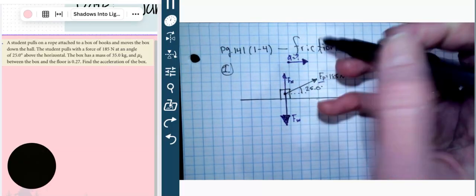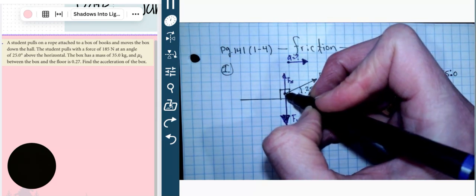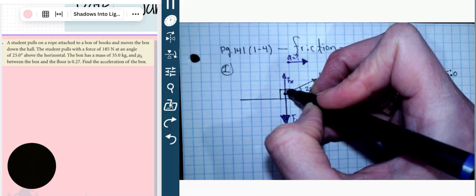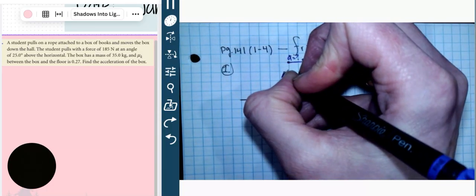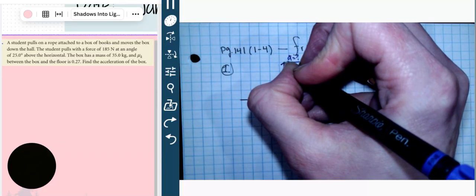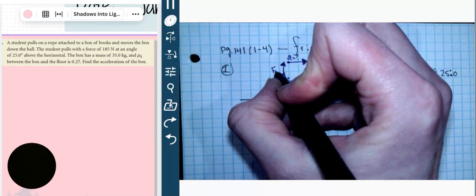I'm going to try to make these angles equal. So I'm going to add one more up, and that little extra bit that it needs to be equal, call my force pull.